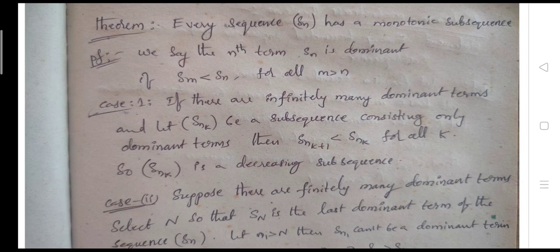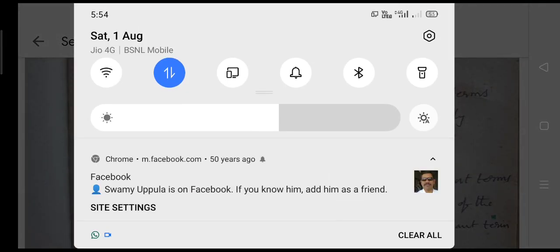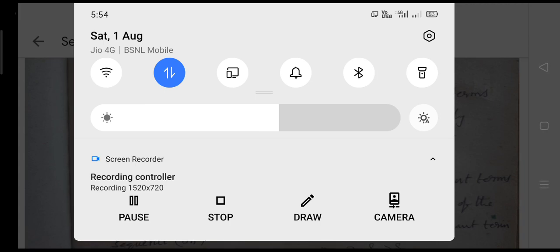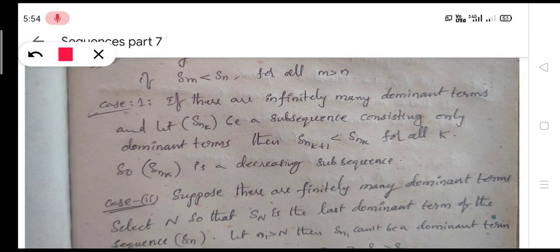Theorem. Every sequence S_n has a monotonic subsequence. Here, what is given: we say the nth term of S_n is dominant if S_m is less than S_n for all m greater than n.